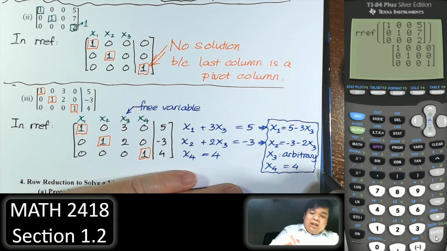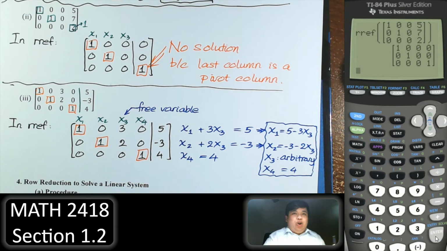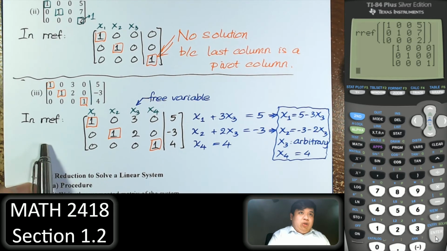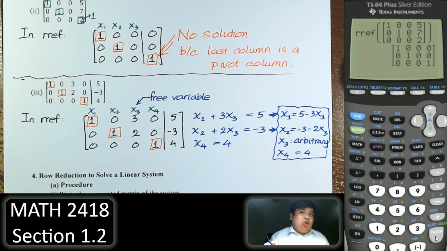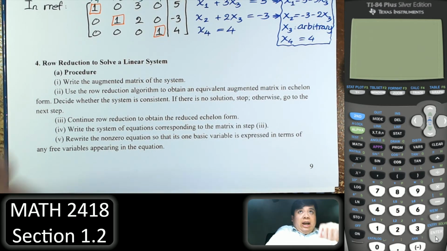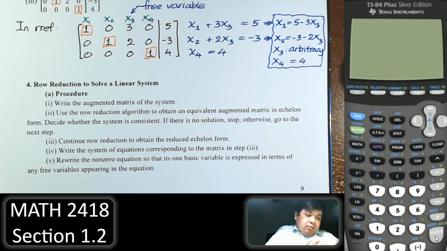You see, write the system as the augmented matrix, turn that into reduced row echelon form, and then we can write the solution from there. Simple enough. That's what we do.